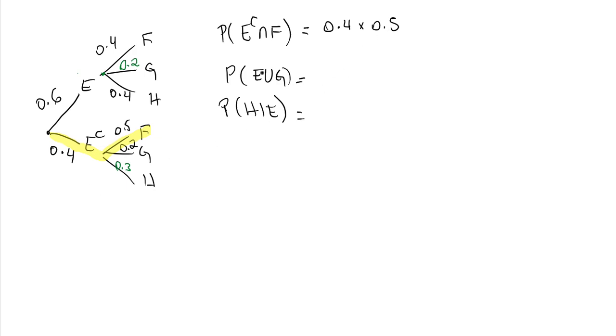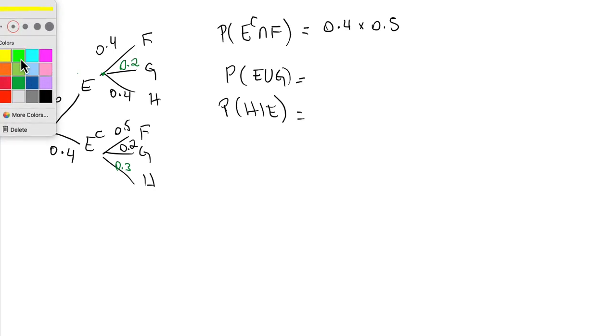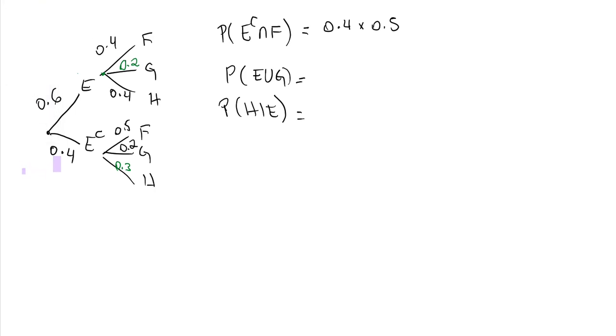All right. The other question is this. What is the probability of having E union G? Okay, so let me get another color here. So the probability of E happening, right?